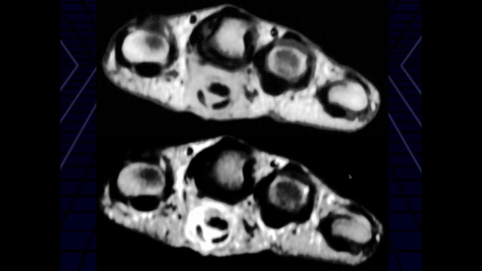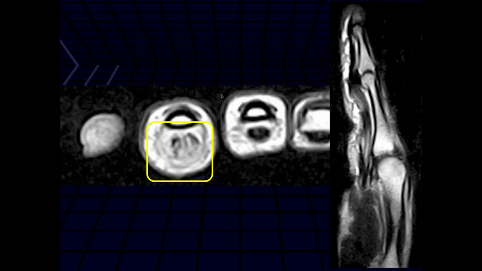Okay. Michael, what do you think of this case? So it just looks like there's a lot of fluid within that third digit flexor tendon sheath. From what I can see on this cut, the flexor tendons are intact, although they're kind of displaced. More distally, they look fairly irregular, so it's either tendinosis or partial tear.